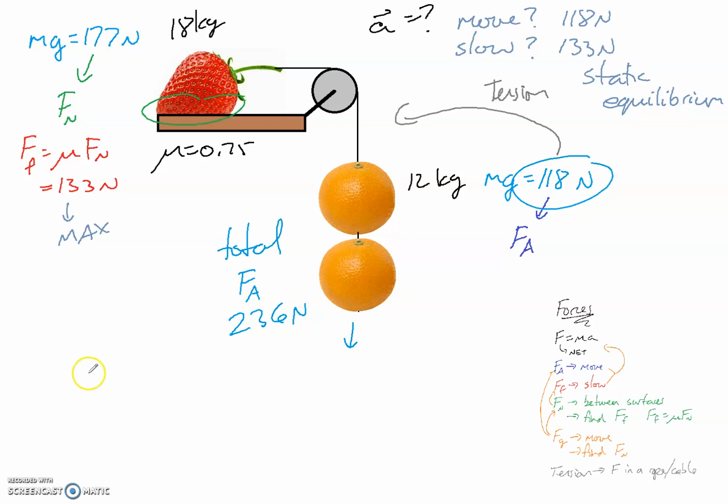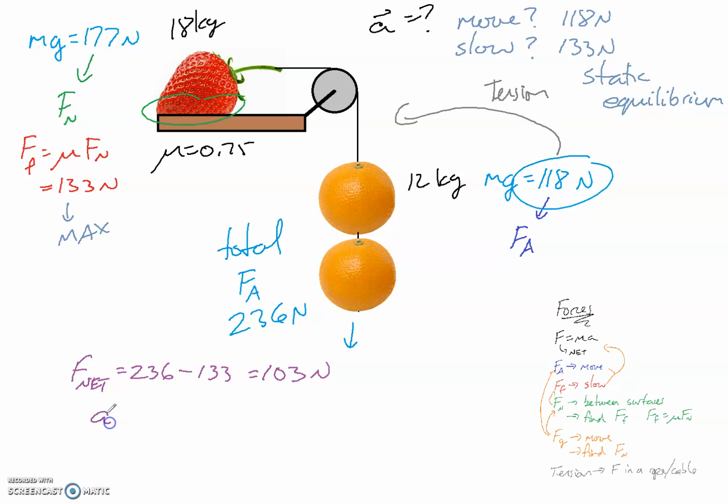So if I look at my net force, I've got 236 trying to move it. I've got 133 trying to slow it down, so I am going to subtract those two, and it gives me a net force of approximately 103 newtons.